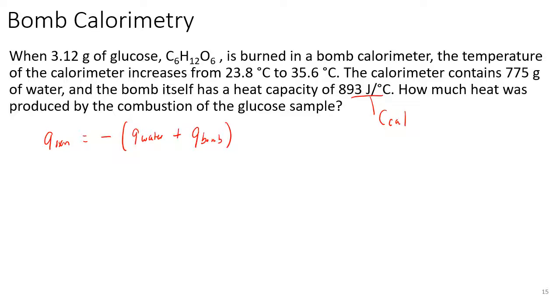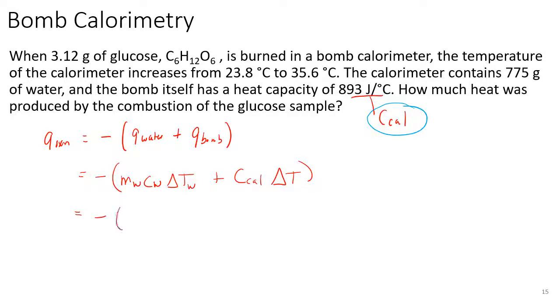So in order to calculate the heat of our reaction, we need to use the mass of our water times the specific heat of our water times the change in temperature of our water, plus we have to determine the heat that was absorbed by the bomb itself. For the bomb calorimeter, we know the heat capacity, which is in units of joules per degree Celsius. So we have to take the heat capacity of our calorimeter and multiply by the change in temperature in order to get the energy that was absorbed.